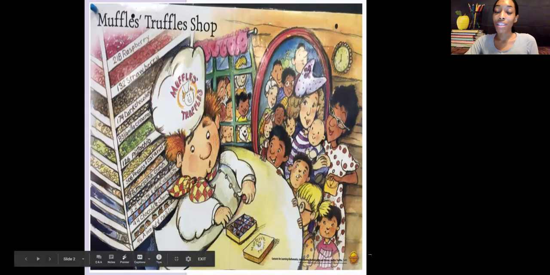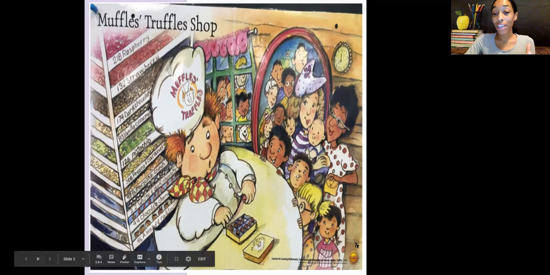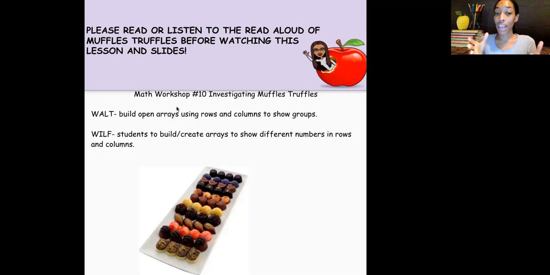There is such high demand, as you read in the story, that he needs a little assistance. He gets an assistant who helps him, and they start packaging their truffles. We are learning to build those open arrays to make the packages to help Muffles out. We're going to be using rows and columns to show those groups of 10 that Muffles uses.